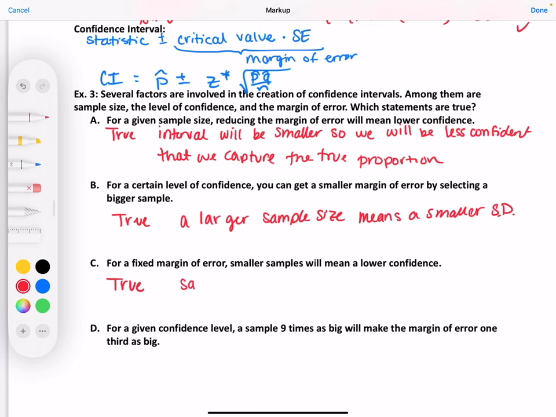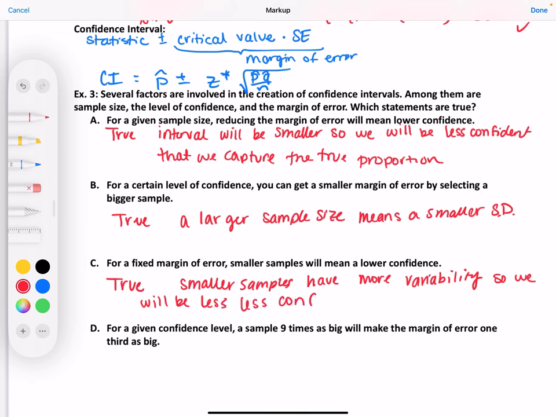Smaller samples have more variability, so we will be less confident in capturing the true proportion.